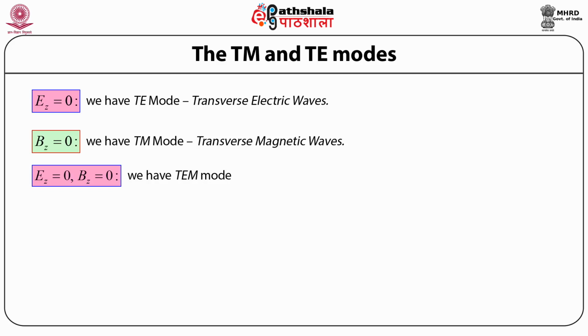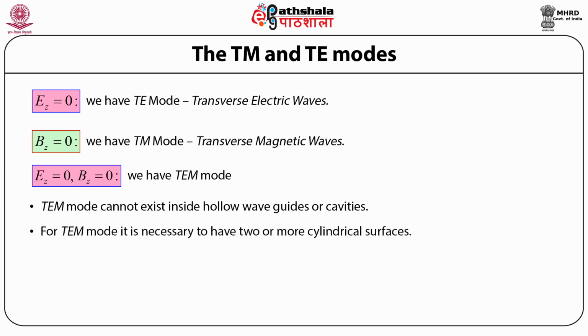However, in case of a hollow waveguide or cavity, we cannot have the transverse electric and magnetic waves existing. That is, the TEM waves cannot exist inside a hollow waveguide or cavity. For TEM mode to exist, it is necessary that we have two or more cylindrical surfaces.